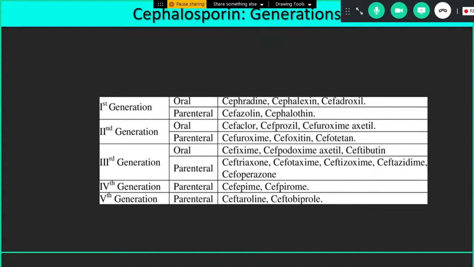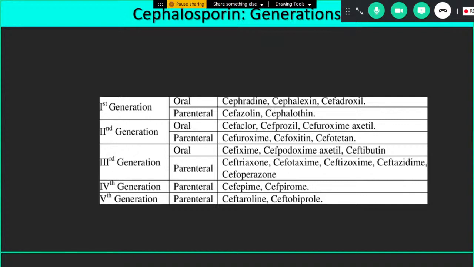Cefepime in fourth generation, and in fifth generation, ceftaroline and ceftobiprole. These are the two fifth generation cephalosporins that are there. This list is very small. There are a lot of other cephalosporins, and this is a very long list.